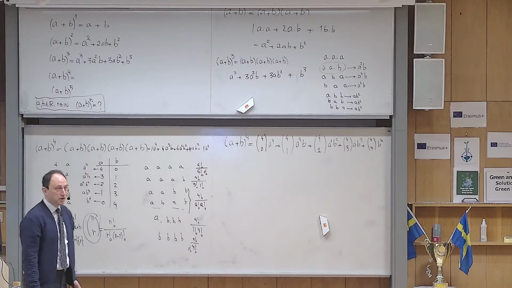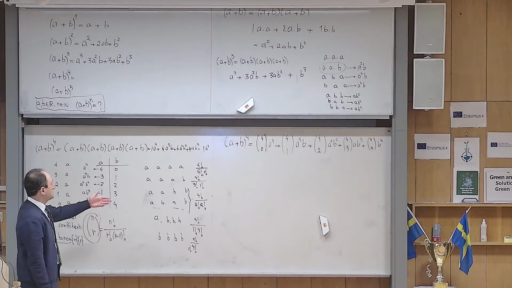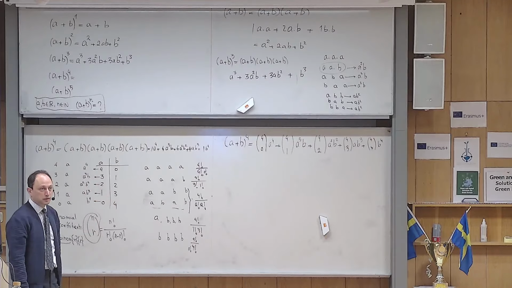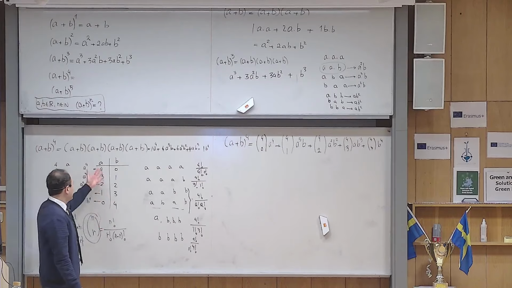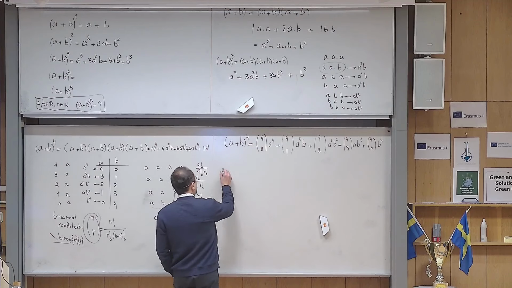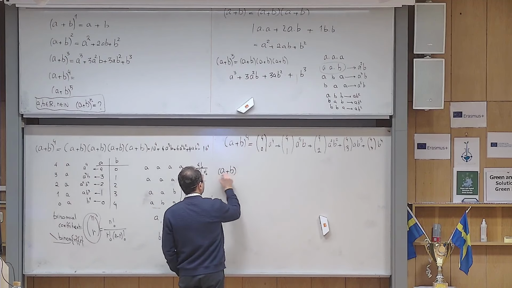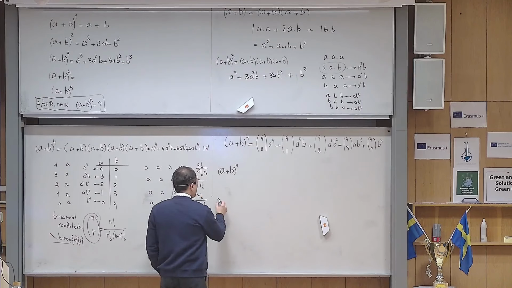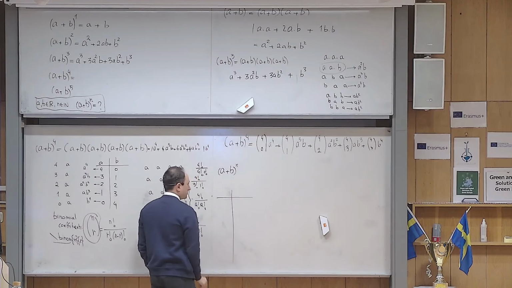Yes, is that right? So this is the binomial theorem for the special case that n is 4. Yes? But I hope that you agree with me, I can do the same analysis for the power of n, because this goes exactly like that. So can we predict what will happen if I have (a plus b) to the power of n? So what are the possible cases?